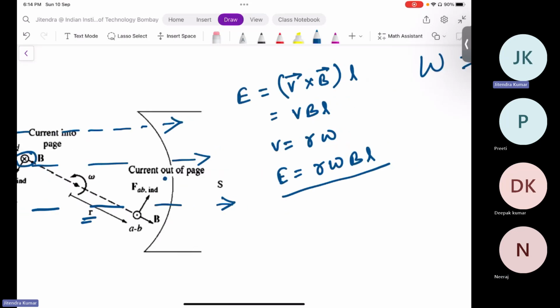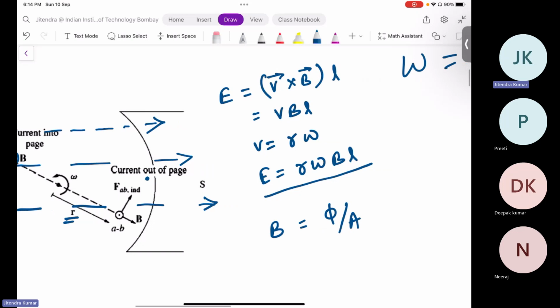Now, what is B? Phi by A. And area, since this is a cylindrical case, will be the rotor surface area, which is nothing but 2 pi RL, because the rotor is a cylinder.